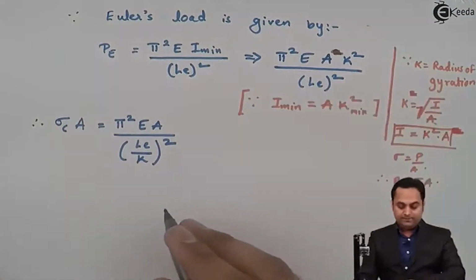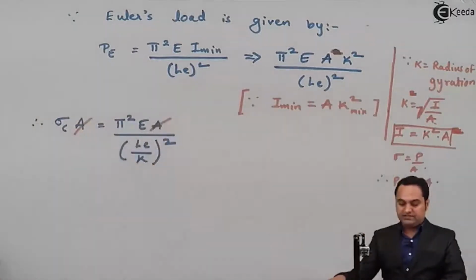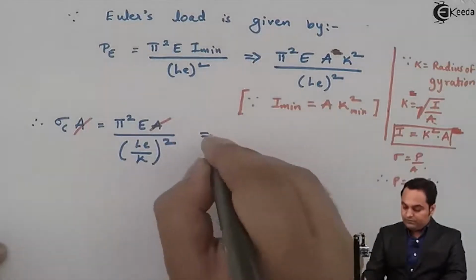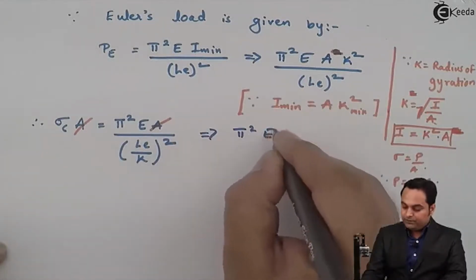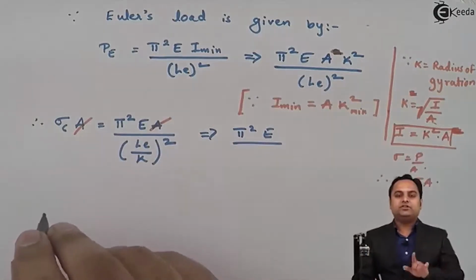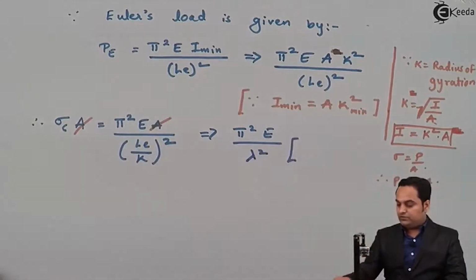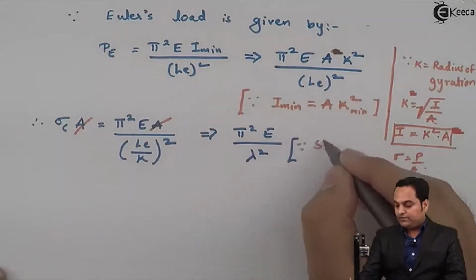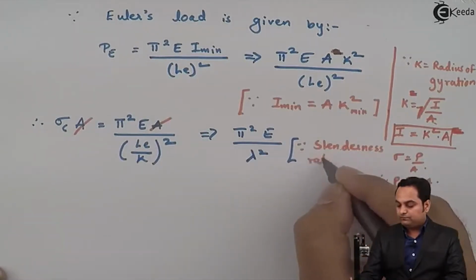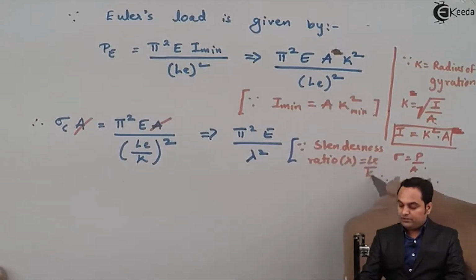So here, from both the sides, area and area will get cancelled out, and I'm left with pi square E upon, now effective length upon k, that is nothing but the slenderness ratio, which is denoted by lambda. I'll write down, slenderness ratio lambda is equal to effective length upon k.